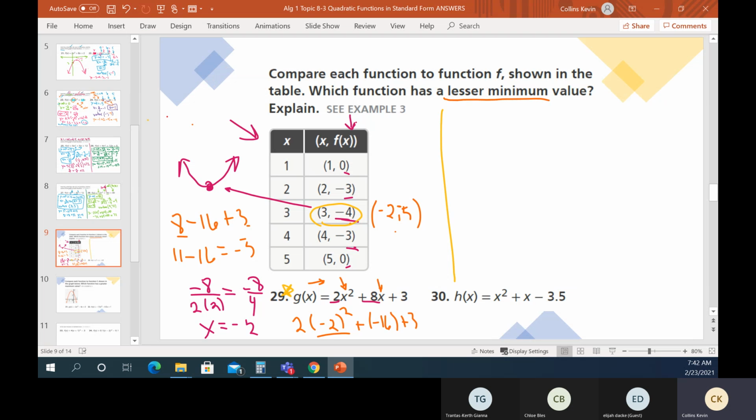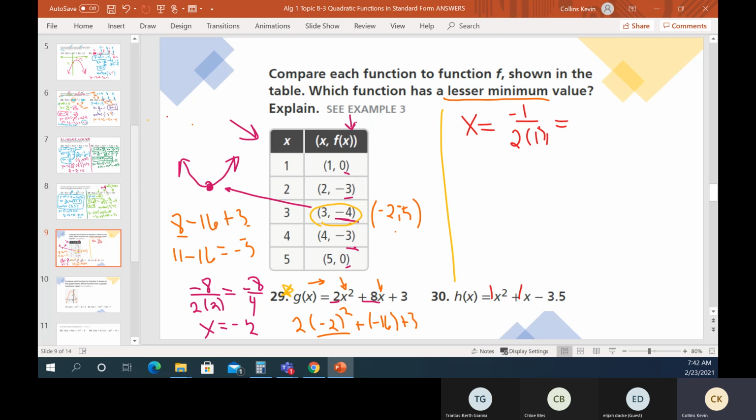All right, so again, same deal. We're going to do our x value of our vertex. So that's going to be minus b. So again, we don't have a number here, so he's -1. And then over 2 times the number in front of x, which is also 1. Right?